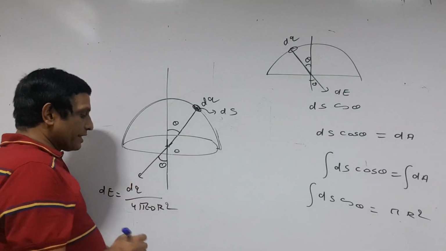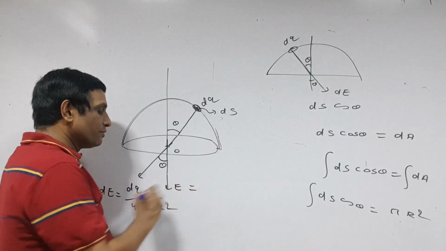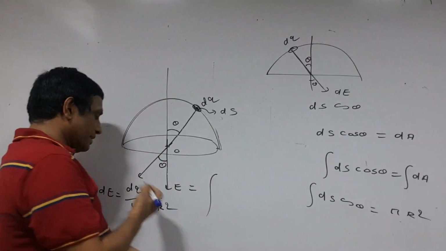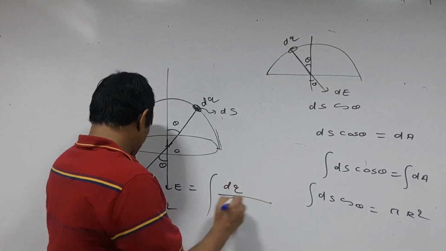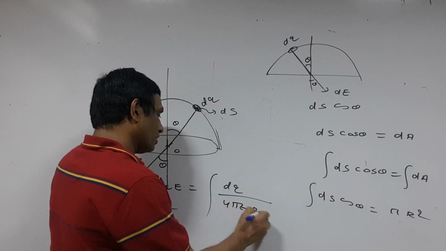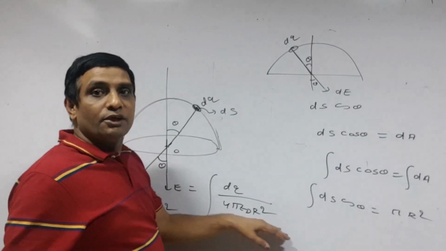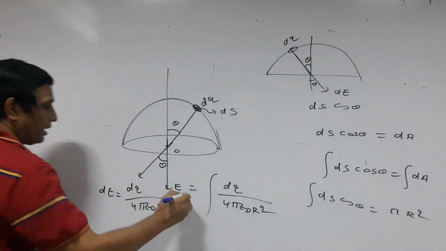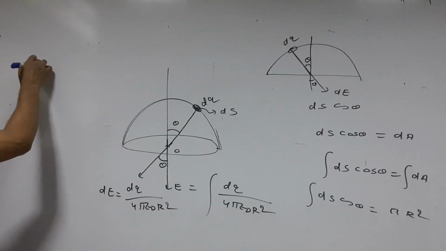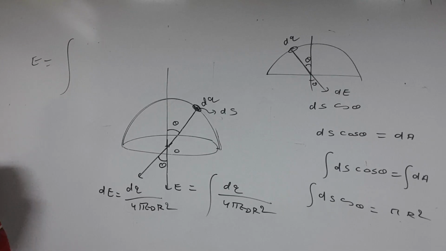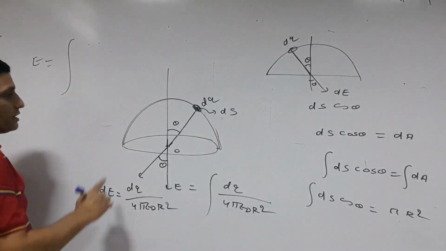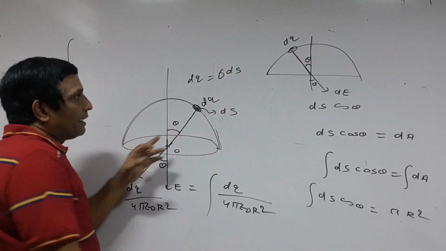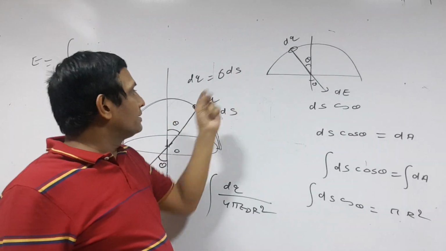So here the net electric field E will be got by integrating dq by 4 pi epsilon naught r square. Now dq is what? Sigma ds. Sigma is the surface charge density and ds is the area.